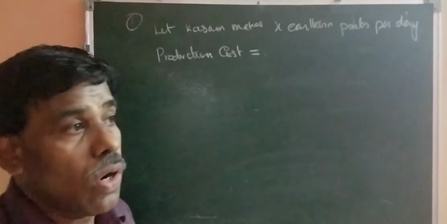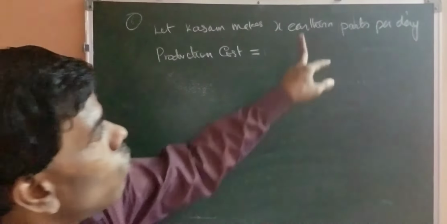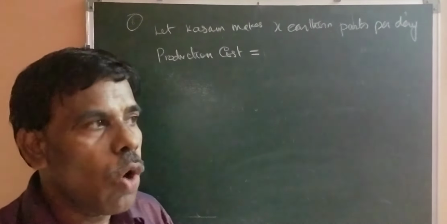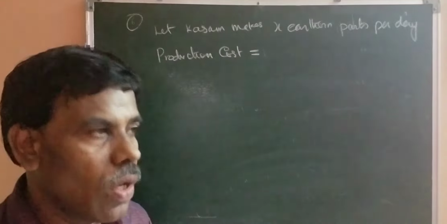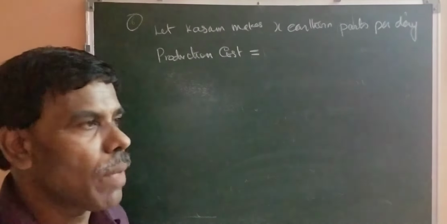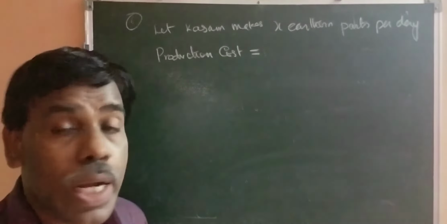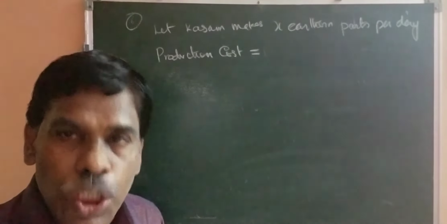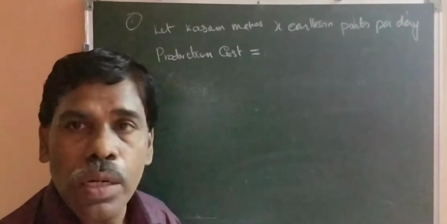Production cost means what? To make one earthen pot, how much cost is incurred? How much money is required to spend to make one earthen pot?